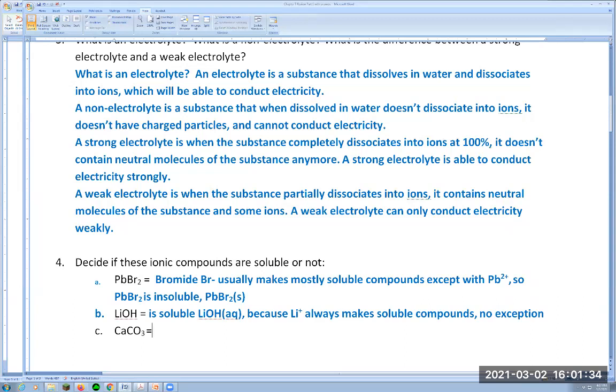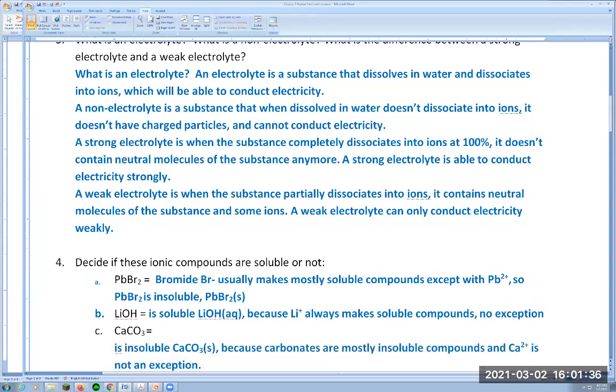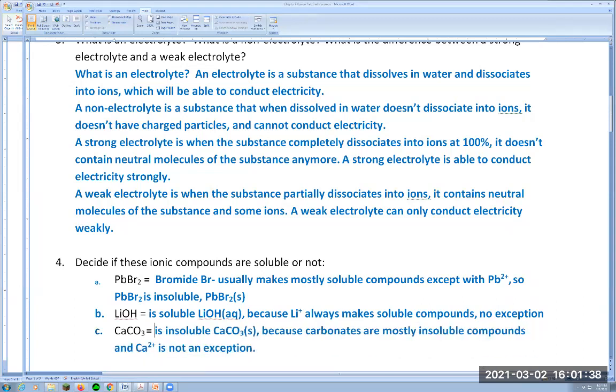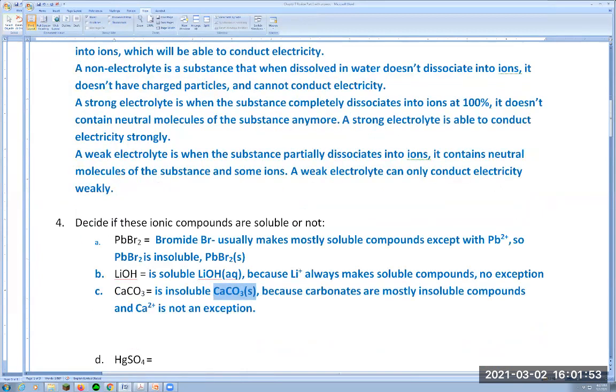So here, calcium carbonate is insoluble. So you would write it as CaCO3 with S for solid. The physical state would be solid in a chemical equation, because carbonates are mostly insoluble compounds and calcium is not an exception.